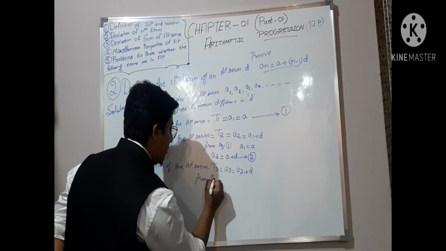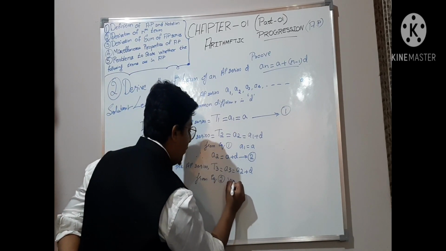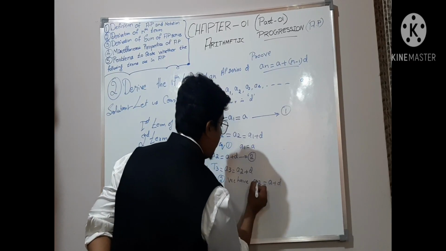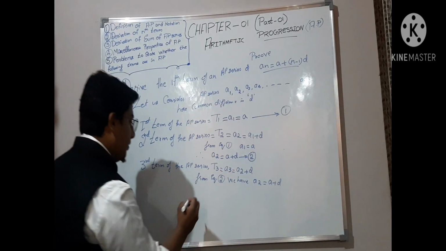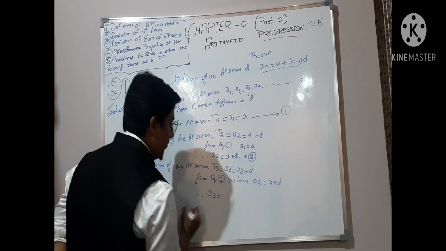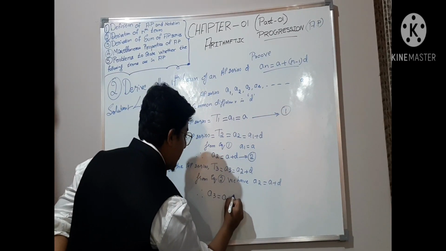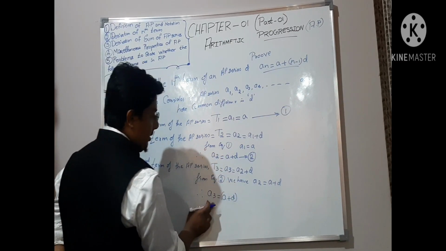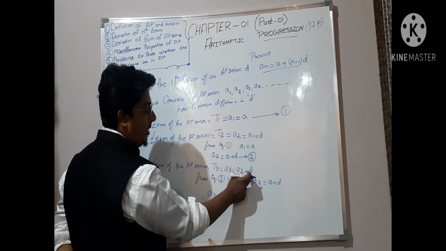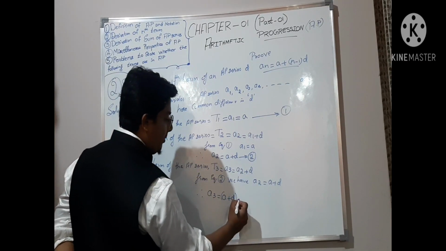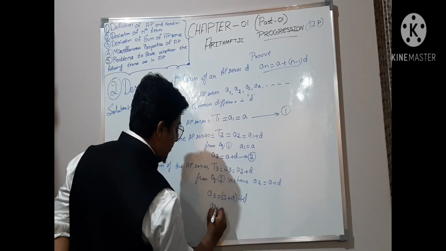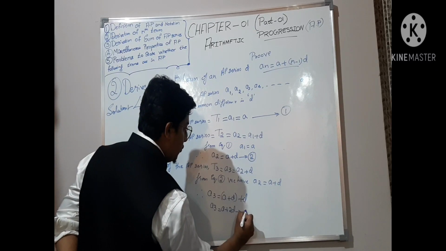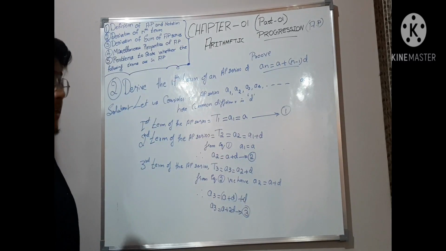From equation 2 we have A2 is equal to A plus D. Therefore A3 is equal to, keeping it in brackets, A2, that is A plus D, plus D. So A3 becomes A plus 2D. This is equation 3. Let's note down all the steps.